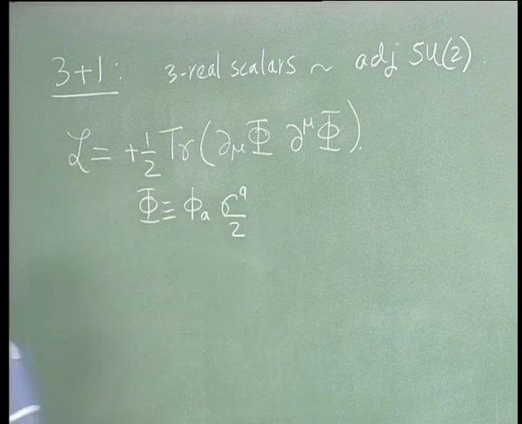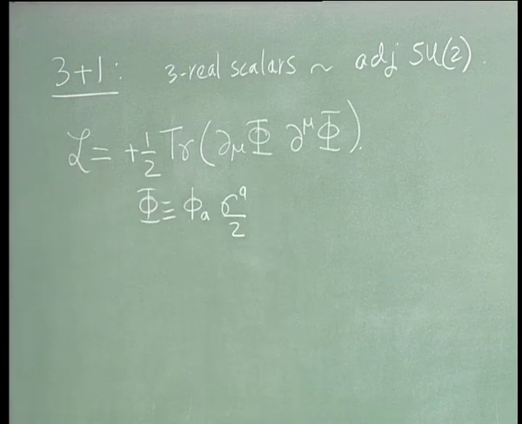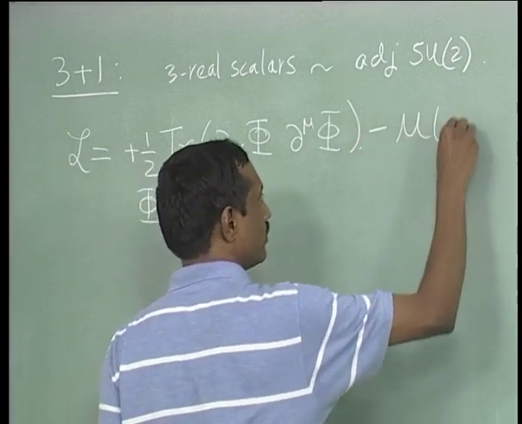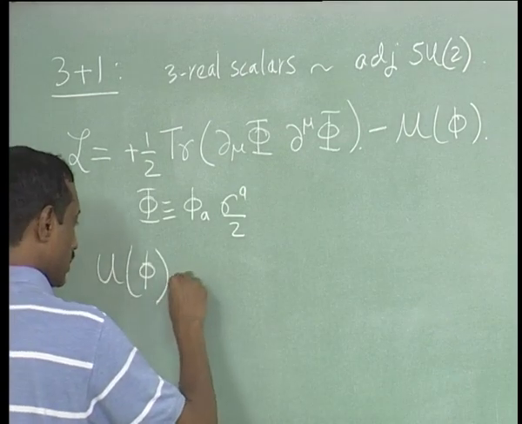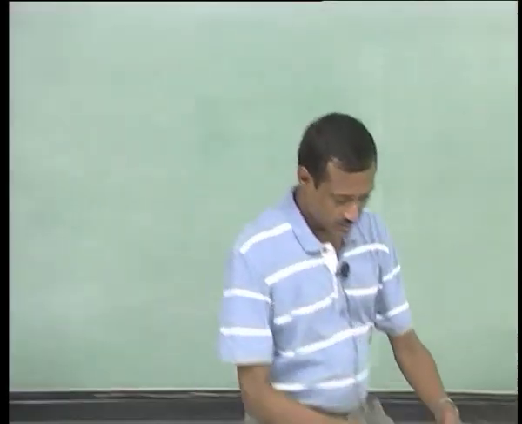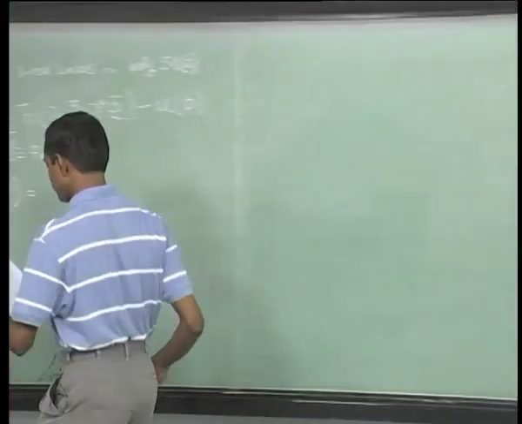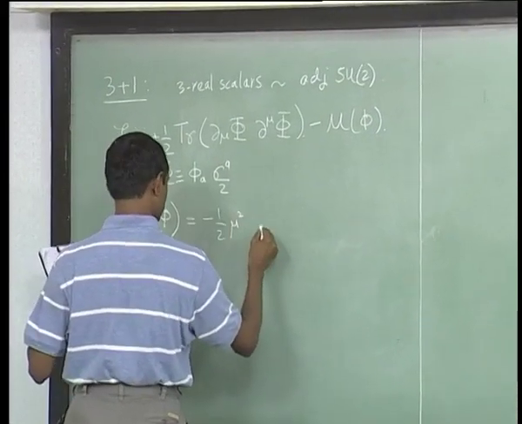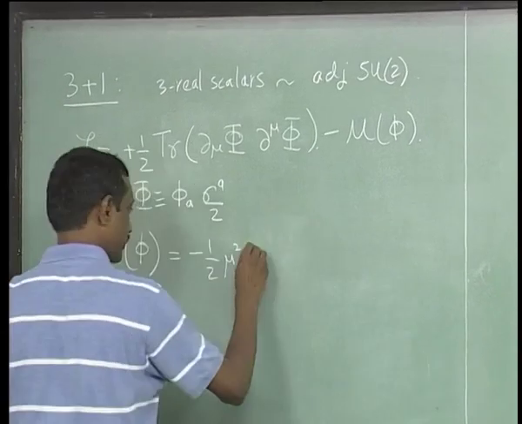Okay. These are real scalars, so I do not need to put star and stuff like that. Okay. And we will have a U of phi, and U of phi can be exactly what we chose earlier, which was written in a slightly different form. So let me write that. And let us write it like this.